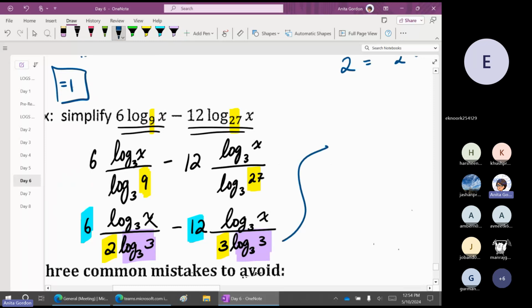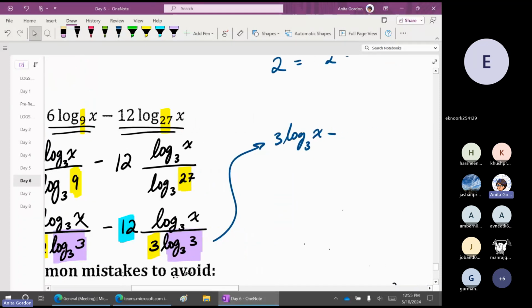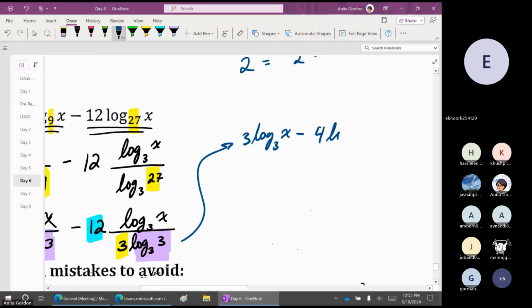So this is going to become 3 log base 3 of x minus 4 log base 3 of x. And I can collect like terms. This is a log base 3 of x. This is a log base 3 of x. 3 minus 4. This is going to give me a negative 1 log base 3 of x.